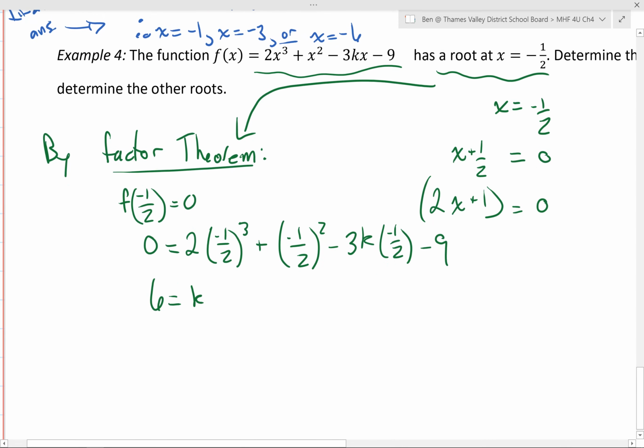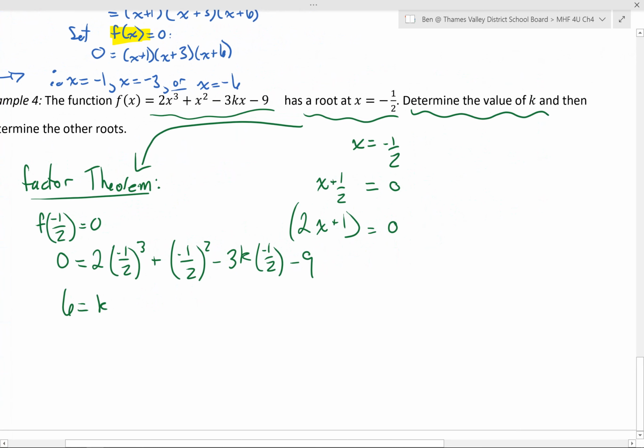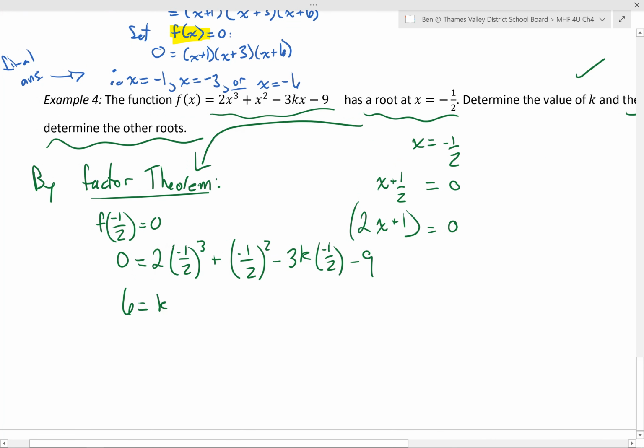Okay, well, if k equals 6, we need to look at the rest of the problem: determine the value of k, done, and then determine the other roots. We know how to do that now, right? We can factor our problem. We're working with this polynomial up here. We can factor out our 2x plus 1.